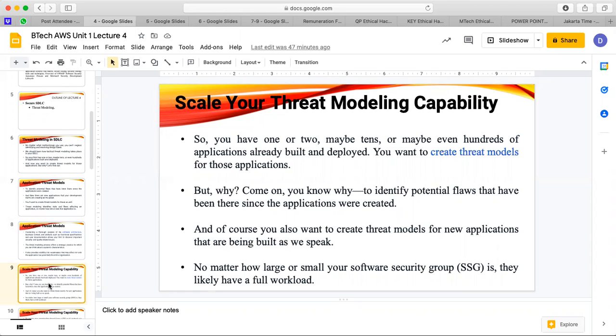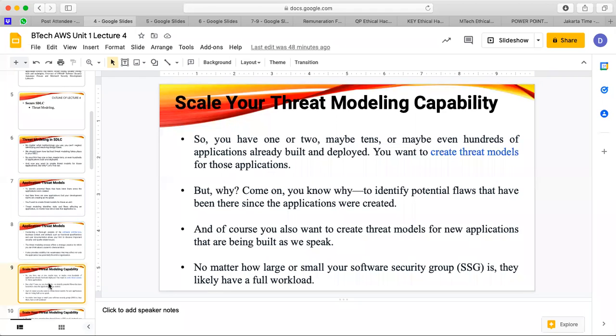But again, the question comes: sir, our company has developed maybe hundreds or thousands of applications, so why do I have to develop threat models? Why? To identify potential flaws that have been there since the application was created. And of course, you also want to create threat models for new applications that are being built as we speak.